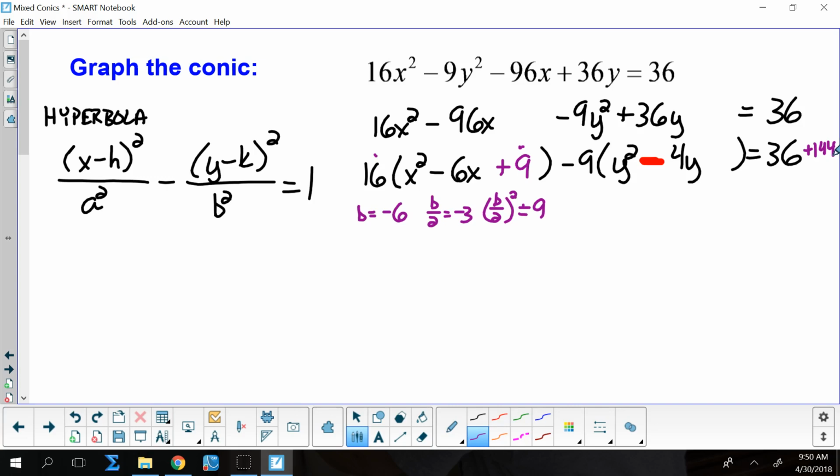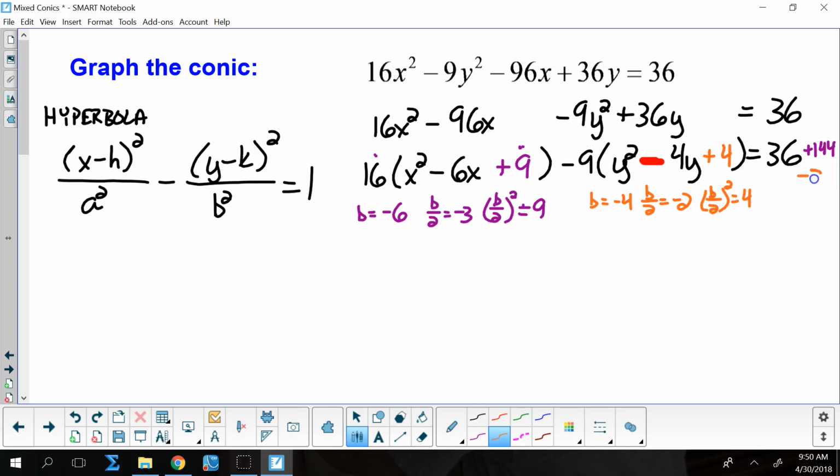Okay? Now, I go to here. What's my b for my y's? Negative 4. That divided by 2? Negative 2. That squared, 4. So I'm going to add 4 there. But really, I am subtracting 36, or adding a negative 36.